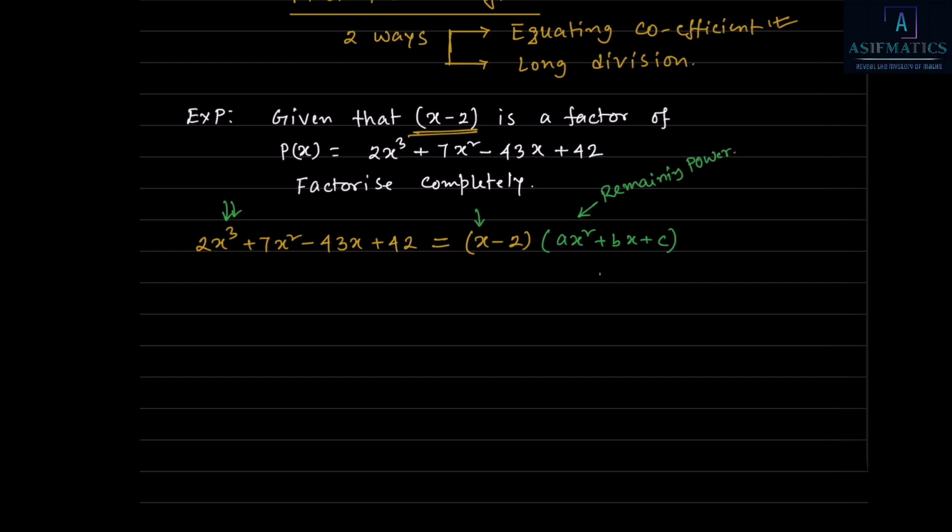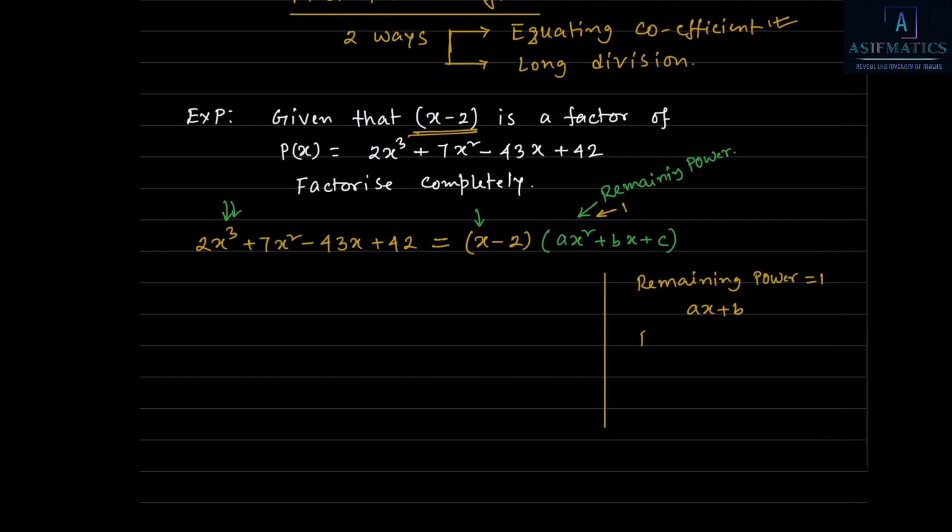If your remaining power is 1, then we will write ax plus b as the second factor.